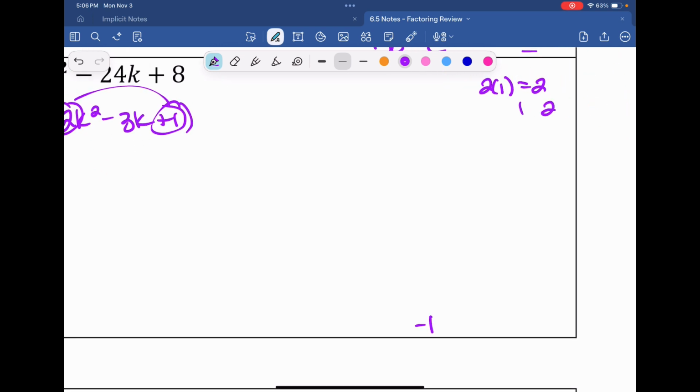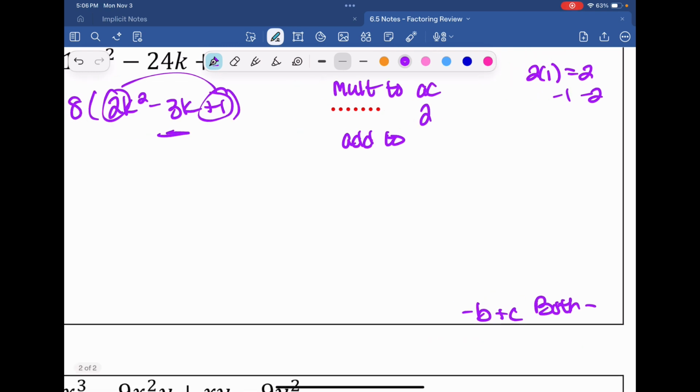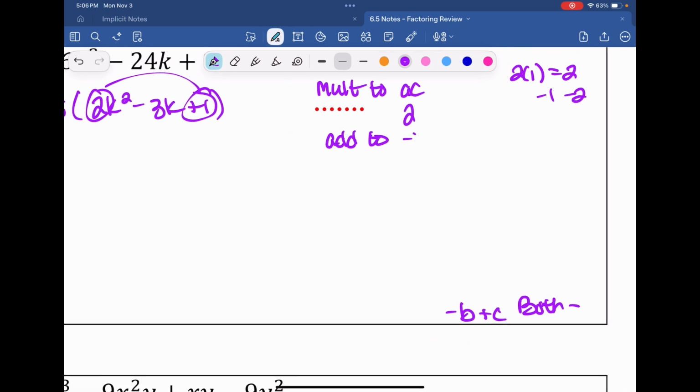Negative b, positive c. Both negative. This will multiply to a times c. Remember, that was 2 times 1. That's 2. Has to add to that b term, so negative 3. All right. Does that add together to be negative 3? Yeah. So break it.